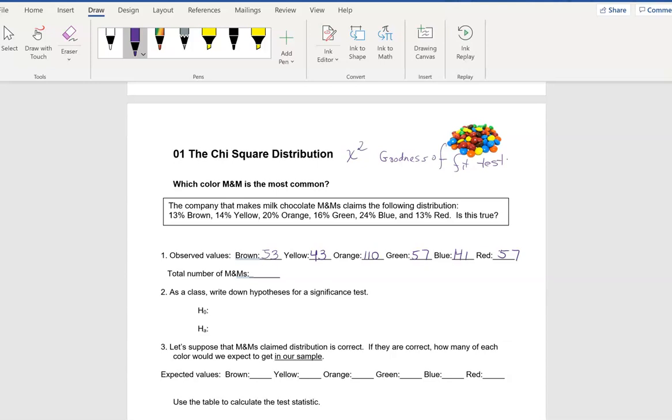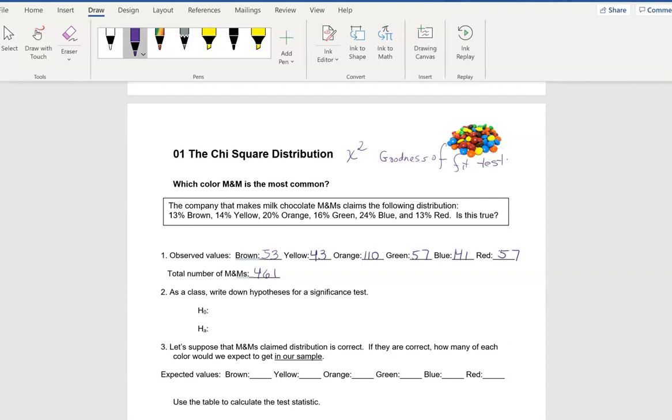The first thing we want to do is find out how many M&Ms are in the sample. So we're going to add all these delicious M&Ms together, and when we do that, we have 461 M&Ms.